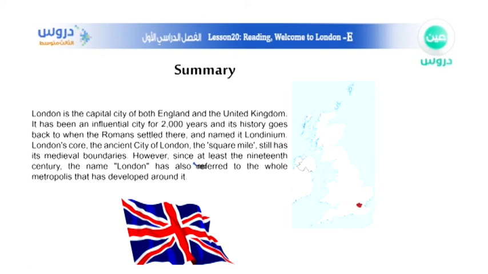However, since at least the 19th century, the name London has also referred to the whole metropolis that has developed around it. So for example, let's talk about Riyadh. Do you know the old city of Riyadh?